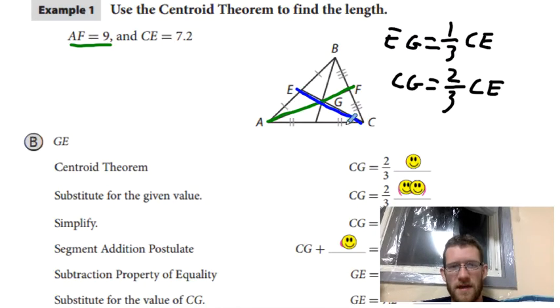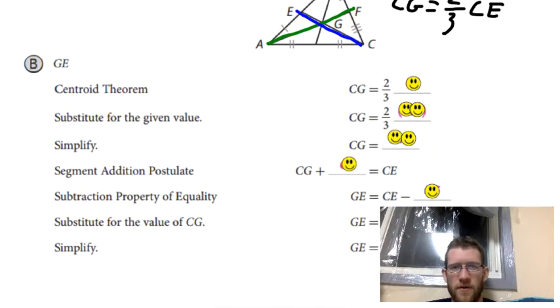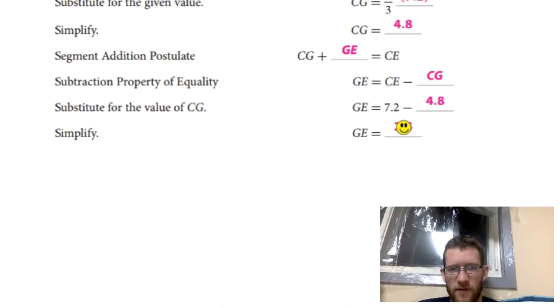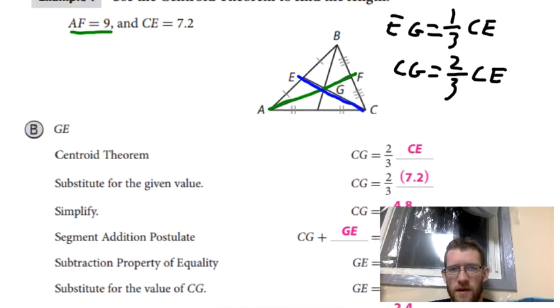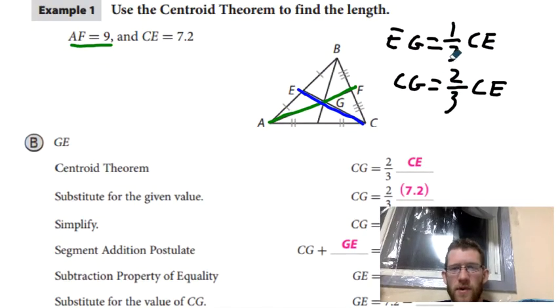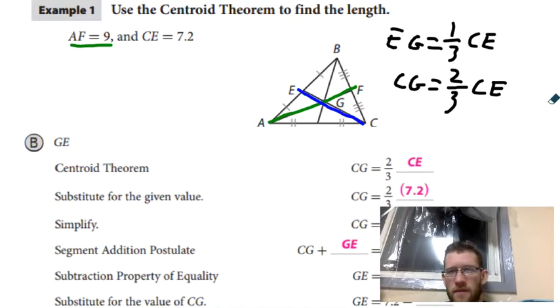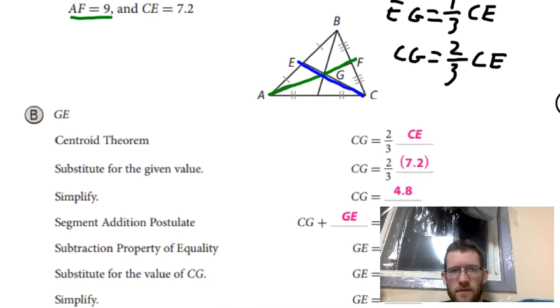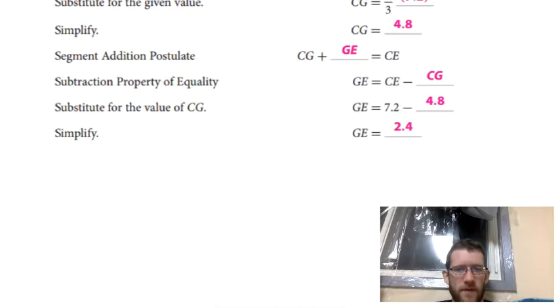So therefore, if EC is 7.2, we can do 1/3 of that. We don't have to go through all the steps they have here. They're going to do it in a little bit of a roundabout way. Oh, there we go. So they're subtracting the 2/3. We can just do 1/3. We can just say, okay, what is 1/3 of 7.2? And that gives us 2.4.